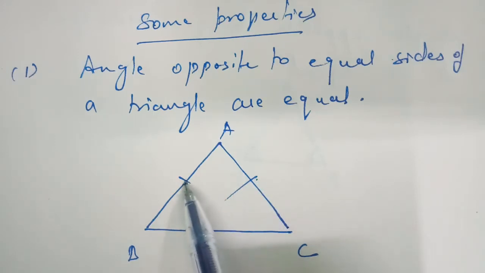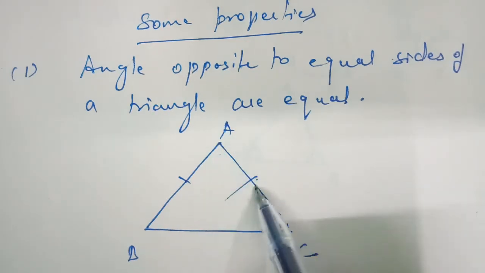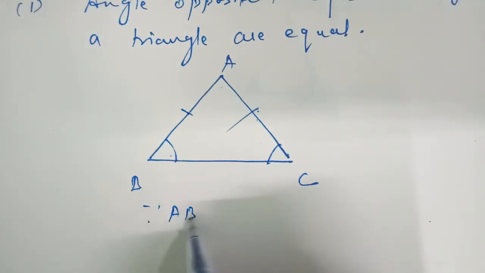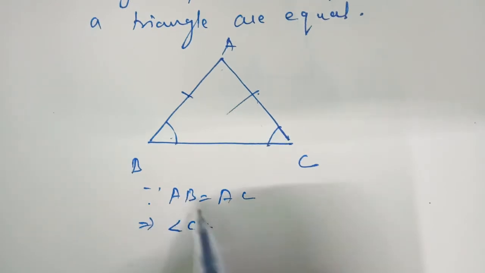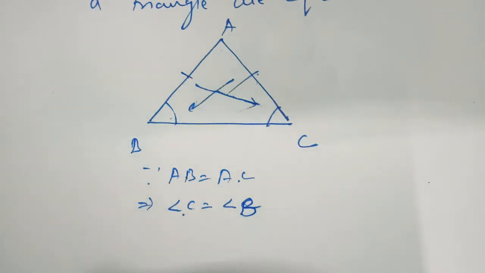If we see, the angle which is opposite to side AB is angle C and opposite to side AC is angle B. So here, since AB is equal to AC, this will give angle C is equal to angle B. Opposite to AB we have angle C and opposite to AC we have angle B. You can make the arrow and find the opposite angle. So on the basis of this property, we can get that the angles opposite to equal sides are equal.